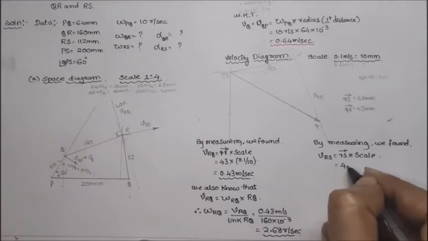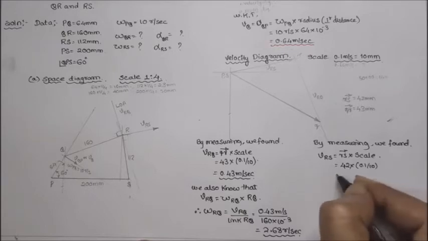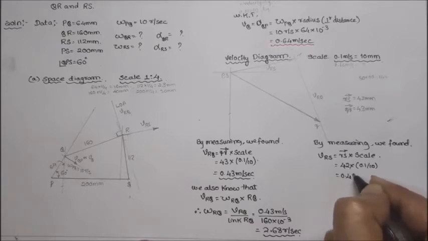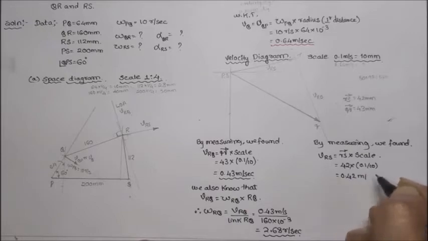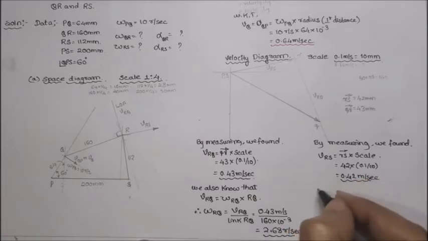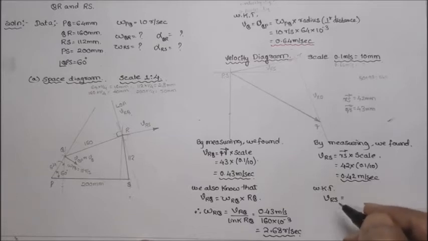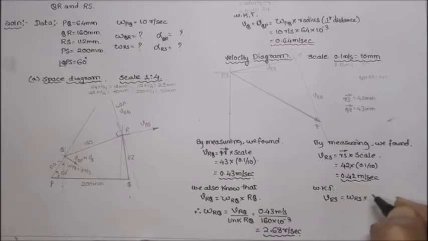Rs is equal to 42, scale 0.1 divided by 10, so it is 0.42 meter per second. So we know that velocity of rs equal to omega rs into link rs.